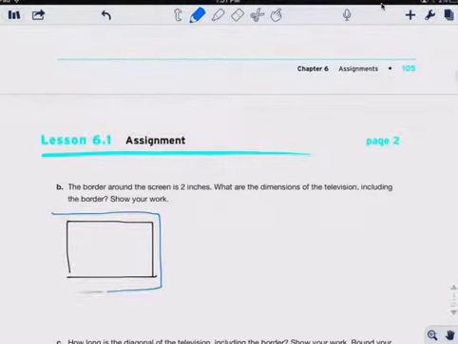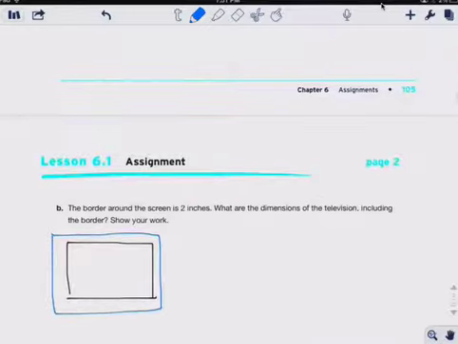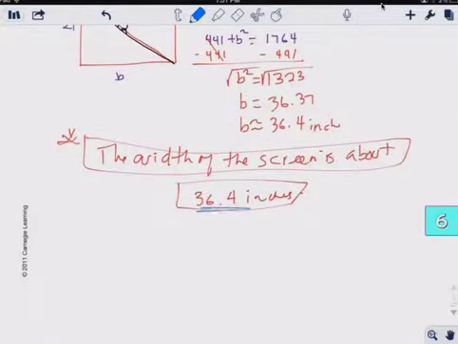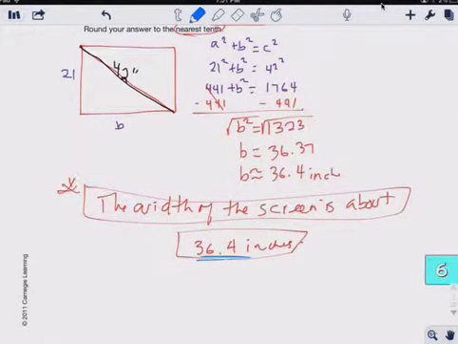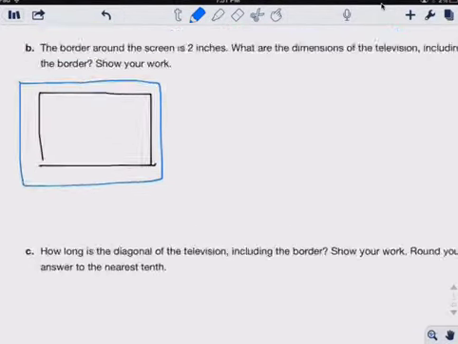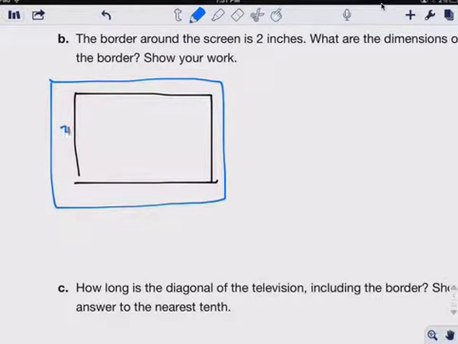Now the screen we know is 36.4 by 21. So we got 21 here, 21 here, and 36.4 here, 36.4 up here.